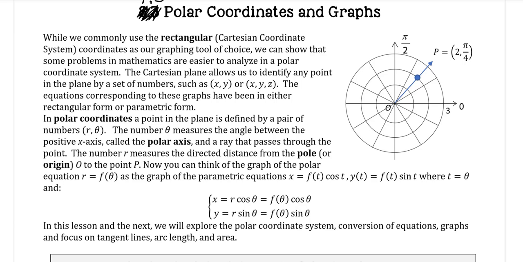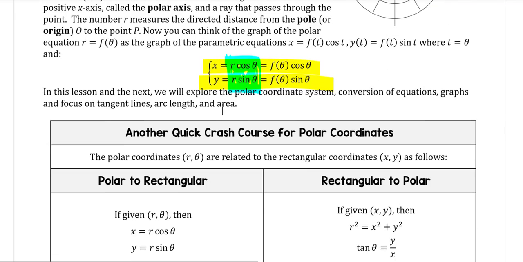So our x and y look like this in the box there. Now, I'm going to look at this again in a second, these right here are the conversion factors to go between x and y and r and theta. So we'll be looking at equations in both forms throughout this lesson. All right.